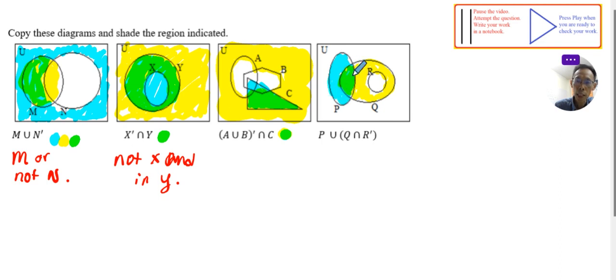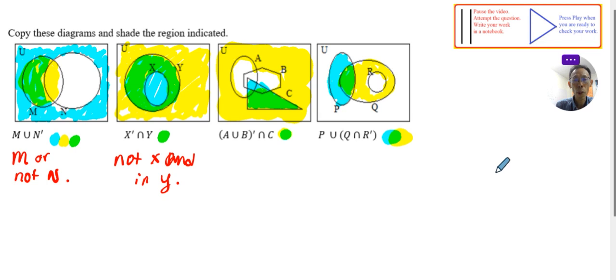So in this particular case, because it's union, I have all the color. So it could be blue and yellow, and including its intersection, that is blue, yellow, and green. So this is the answer.